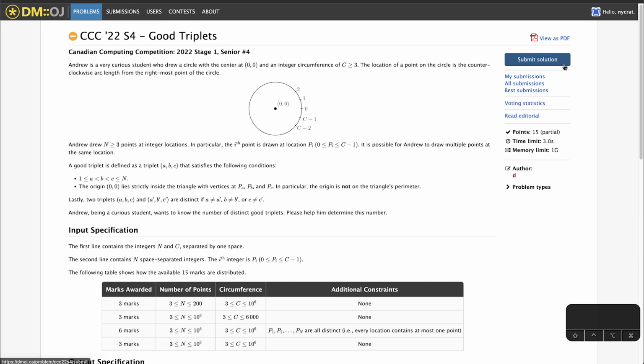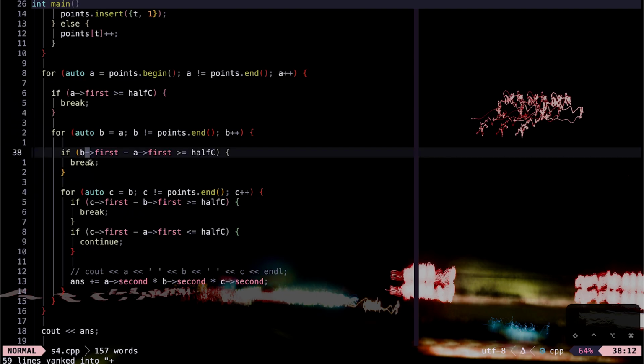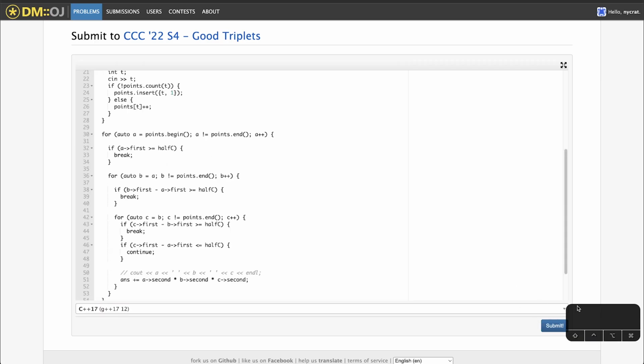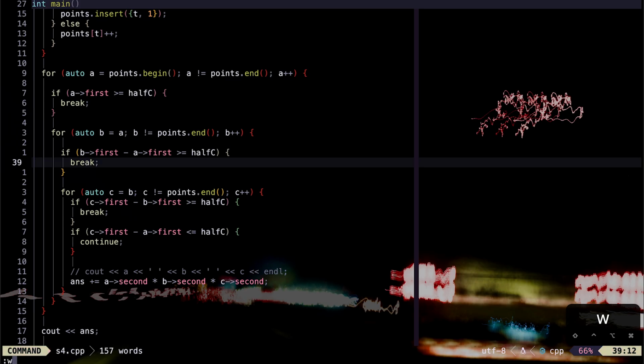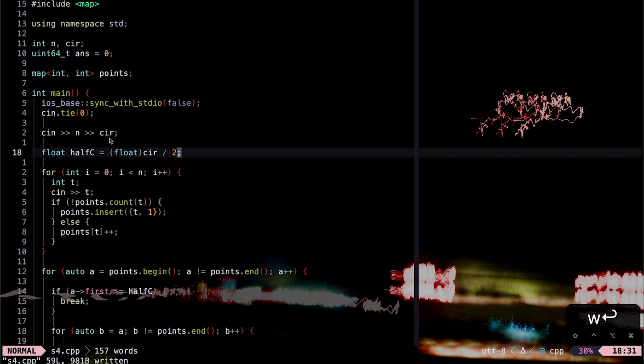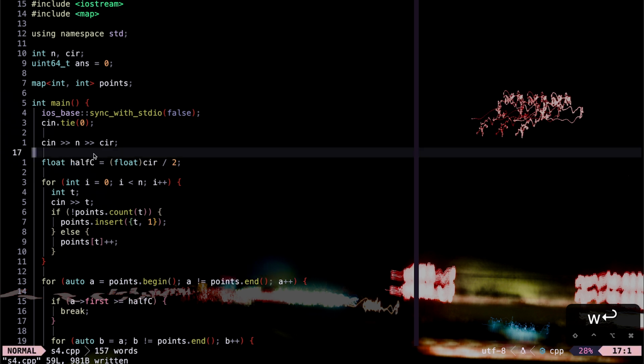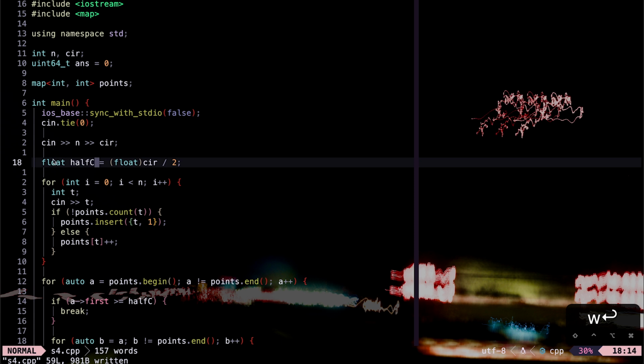But I'll try to resubmit this with these being break instead of continue. And what I found, the reason why this didn't work before is because this half of the circumference, which I was using to figure out if 2 points could create a triangle at a third point, this half C was an int before.